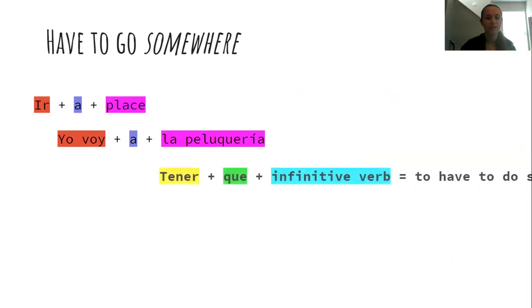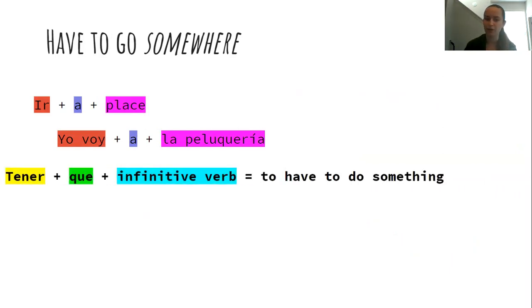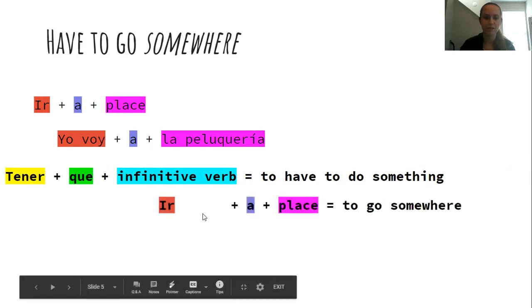Now, let's try putting that together with our phrase that we just learned to say that we have to go somewhere. So tener que plus the verb means to have to do something. Well, ir, that's a verb, right? So let's put ir in the place of the infinitive verb and keep using that same formula we learned from 3C.